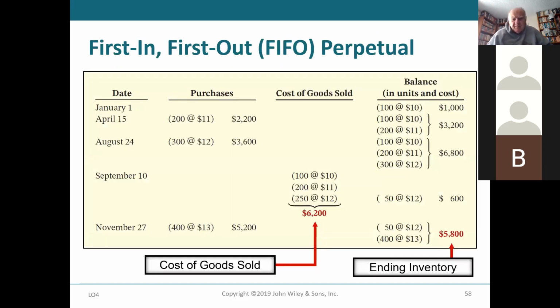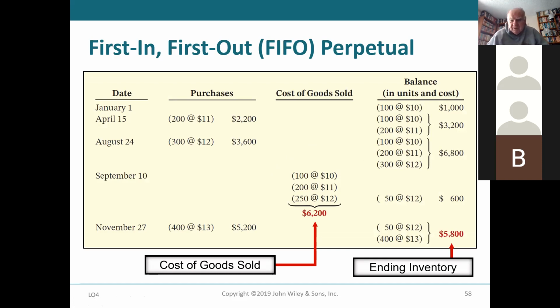Here, they don't wait till the end of the month. They had a beginning inventory of 100 times 10. Then in April, they brought in 200 at 11 and 300 at 12. So there's their inventory, 100 times 10, 100 times 11, 300 times 12. And then on September 10th, they had a sale. It looks like they sold 550.